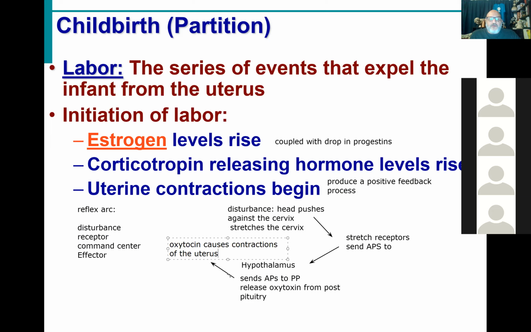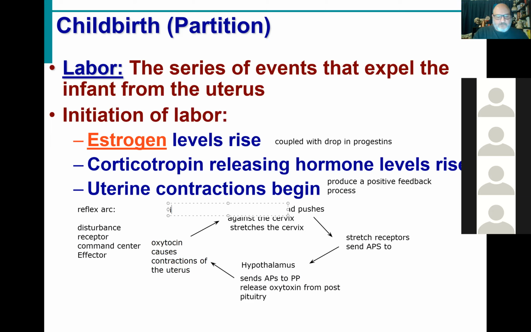And notice when you cause a contraction of the uterus, that is going to lead to an increase of the force that is pushing the baby's head against the cervix. That is going to cause the baby's head to stretch the cervix even more, send even more action potentials to the hypothalamus.